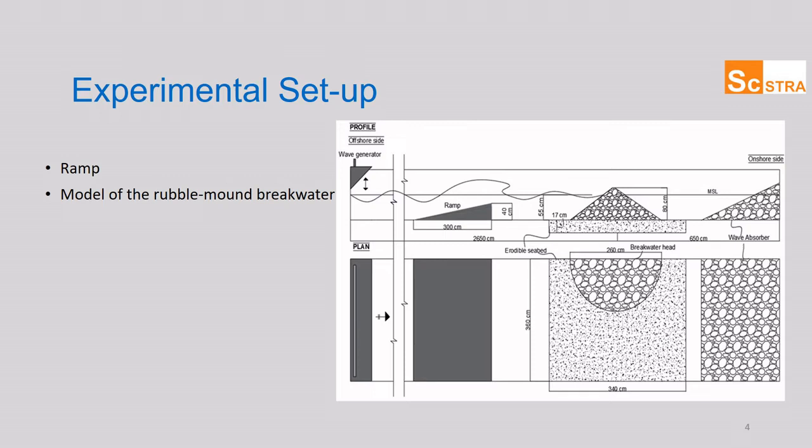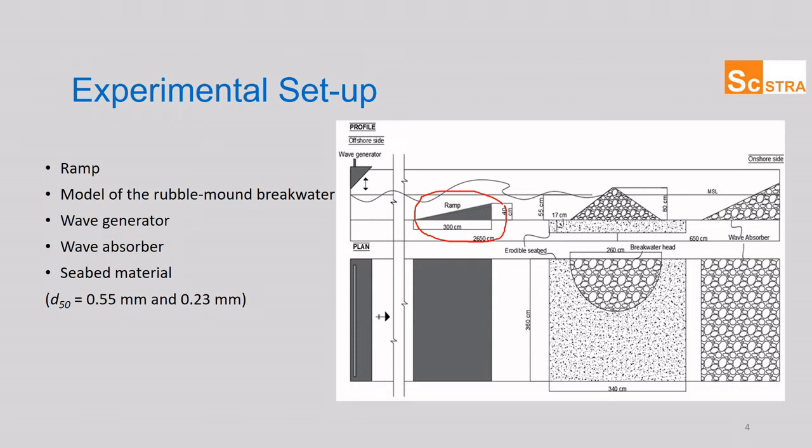The schematic view, profile, and the plan view you can see from the picture. This ramp is used to generate broken waves. With the help of this ramp, we can break the waves in many types, and then broken waves affect the breakwater head.